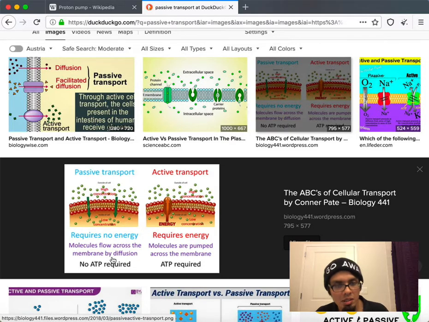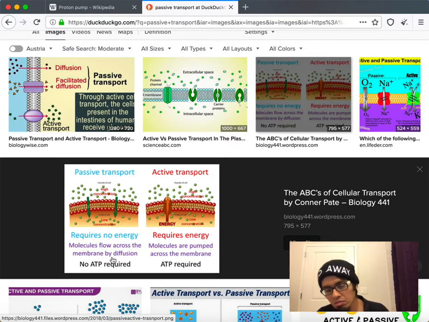Passive transport also is typically blocked for many reasons, because, for example, we don't want water to just passively transport ad infinitum into a cell. We need to control the passive transport of water into a cell and outside of a cell, right?